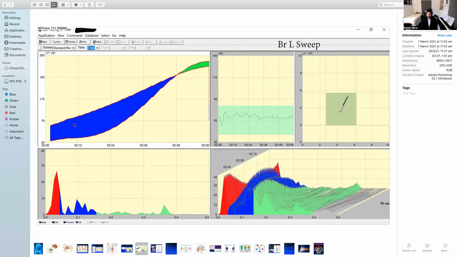And you can see the stress response is going smaller. The reason that's going smaller is because as soon as it hits 2 minutes, I press sound sweep on my computer, and it plays a sound sweep through the sound table.